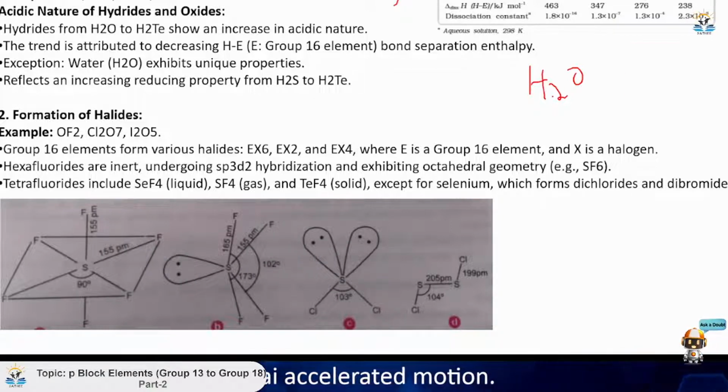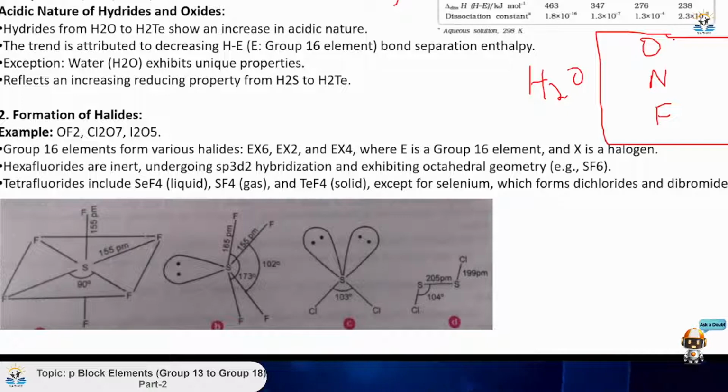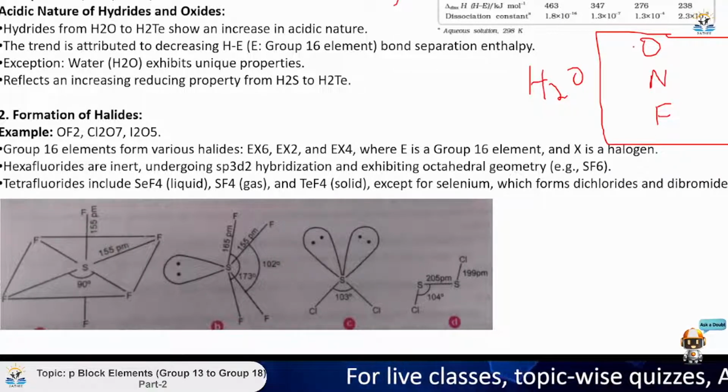We know that hydrogen, oxygen, nitrogen, and fluorine tend to show a very high affinity for a hydrogen bond when they see hydrogen around. And that is a very strong bond that is formed. To break that bond, you need a lot of energy. So the melting and the boiling points are pretty high.